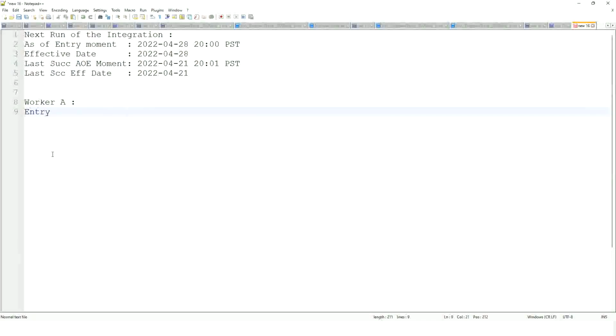So entry was made on 2022-0426, okay. At 10:53 p.m. PST. Alright, so the entry of the worker.